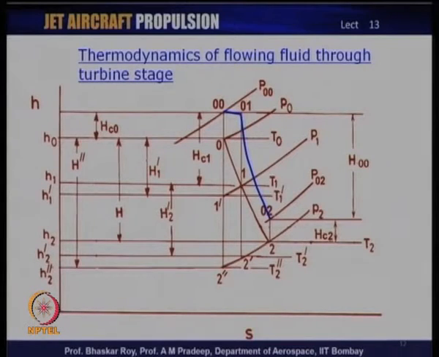So, as you can see here, it is possible for us to show more or less everything that is happening inside a gas turbine engine, both in terms of thermodynamic process as well as in terms of gas dynamic process. The aerodynamics or gas dynamics is also quite clearly showable over here in terms of thermodynamic parameters.